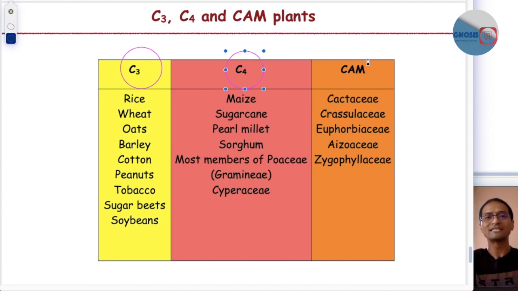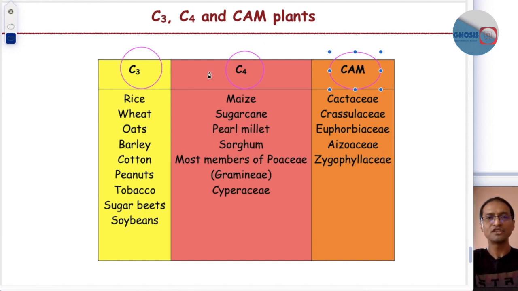And when you look at CAM, you have plants belonging to these families that undertake this particular pathway of carbon dioxide assimilation. So what we see here is that the difference between C4 and CAM is that in C4, the initial carbon dioxide fixation and the Calvin cycle take place in two different places, which are separated in space, the mesophyll cell chloroplast and the bundle sheath cell chloroplast, whereas in CAM you have separation in time between fixation of carbon dioxide and the Calvin cycle.